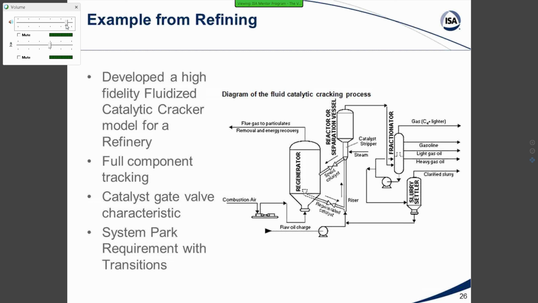These are actually gate valves, and because there's a fluidized catalyst flowing between them, you get essentially little to no flow for the first 30% or so that they're open. So we simulated that valve characteristic so operators would get the right process response, as they actually control this almost completely based off pressure differentials across their valves.